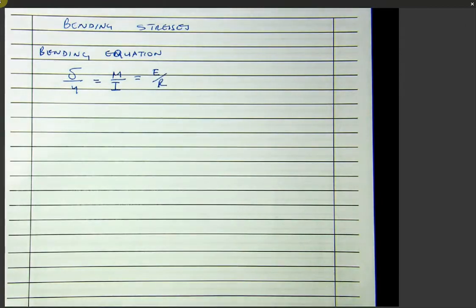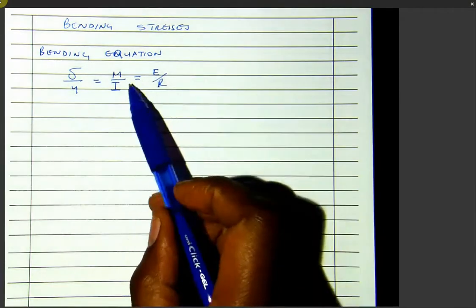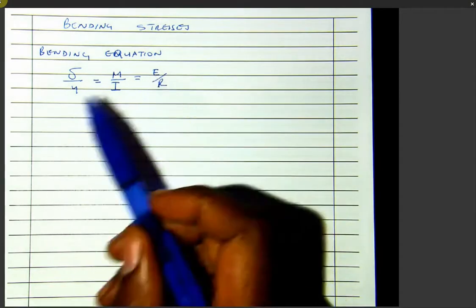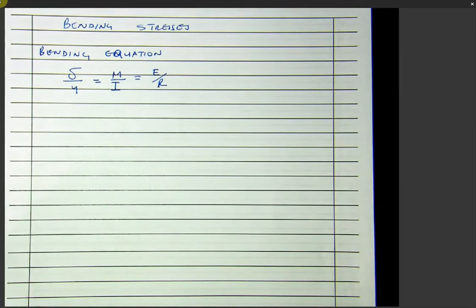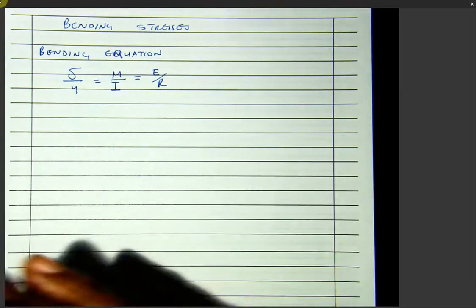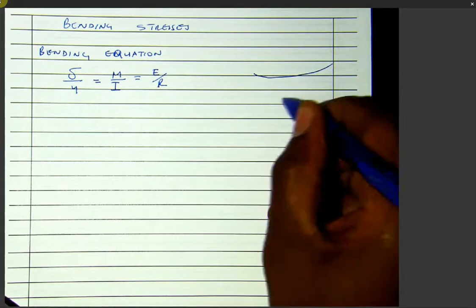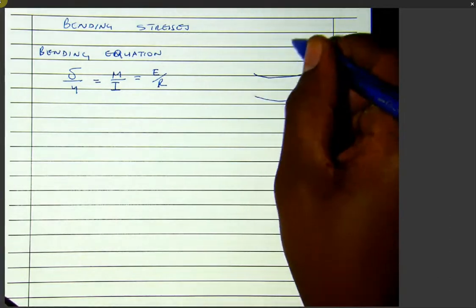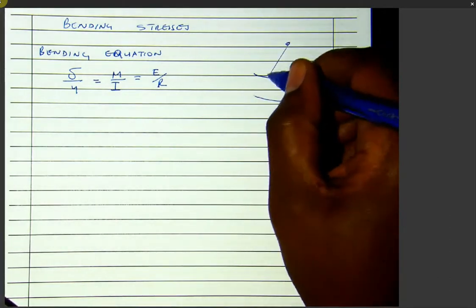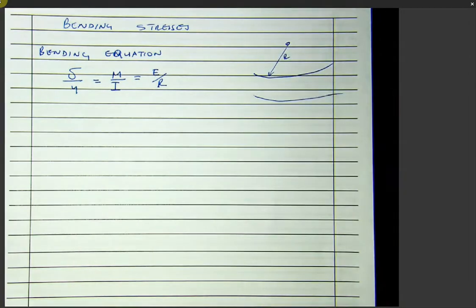Let me say MPa. That is E for steel. R is the radius of curvature. Remember, the beam is going to have a curvature under bending, R being that radius, the radius of curvature.